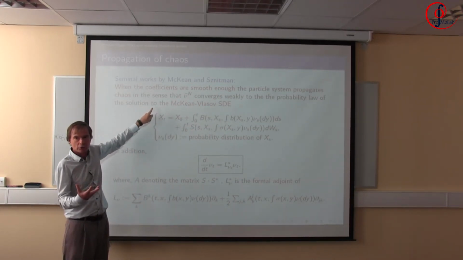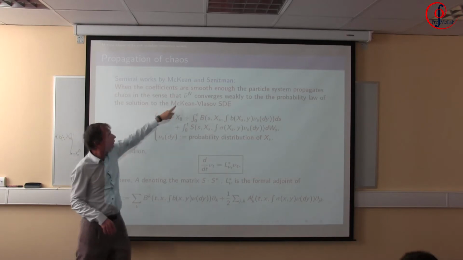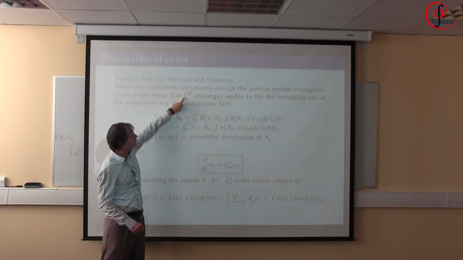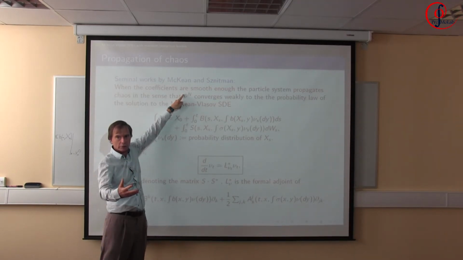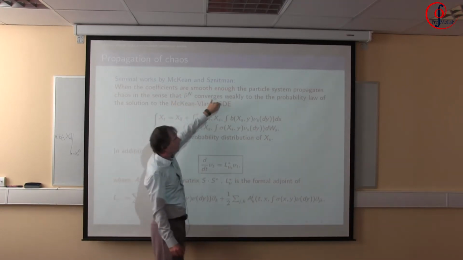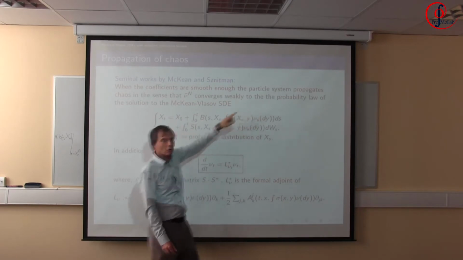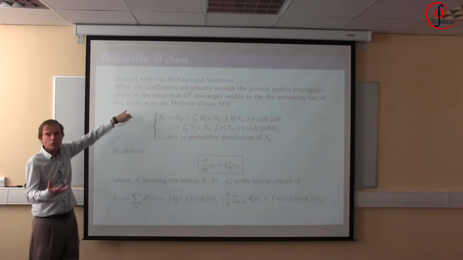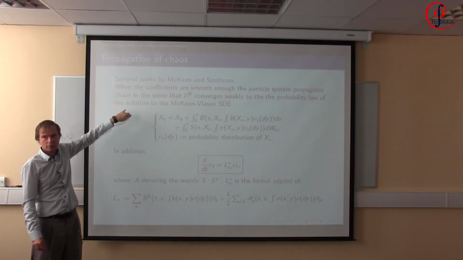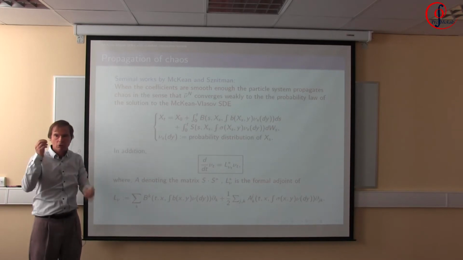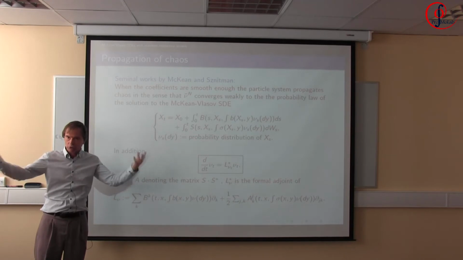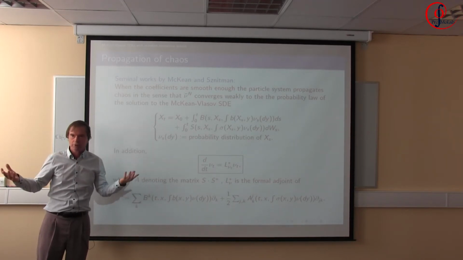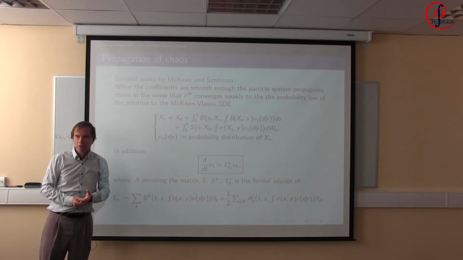I mean, it's a convergence on this empirical measure on the space of trajectories, which converges weakly to the probability distribution of the process on the space of trajectories of the process. So it's not only a convergence at each time t, it's a convergence of the process.